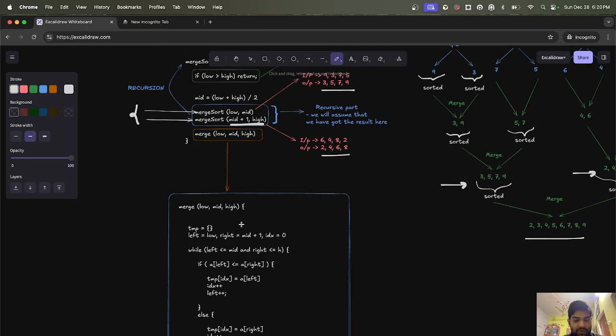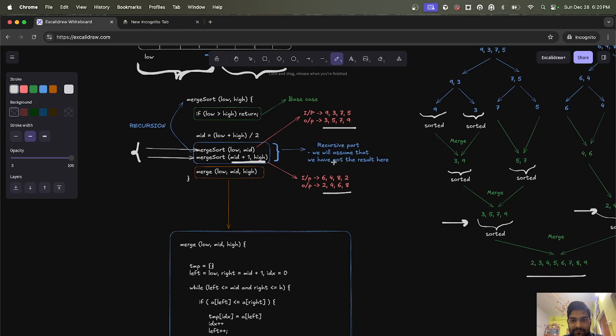So what I'm doing is, see, this is 3. This is 2. Now, which one is smaller? Tell me, which one is smaller? 2 is smaller, correct? So I will take 2 and insert it in my temporary array. Now, since I have taken 2, I will move forward. Now I am at 4, correct? Now, I will compare this.